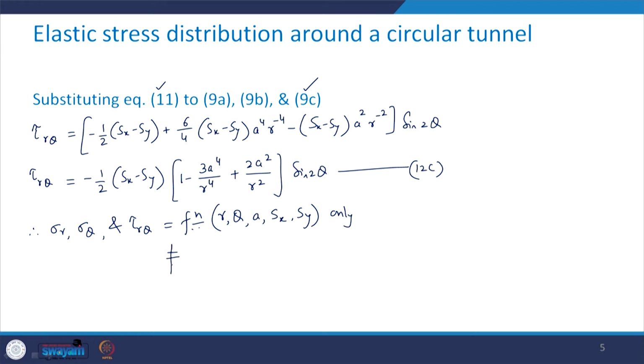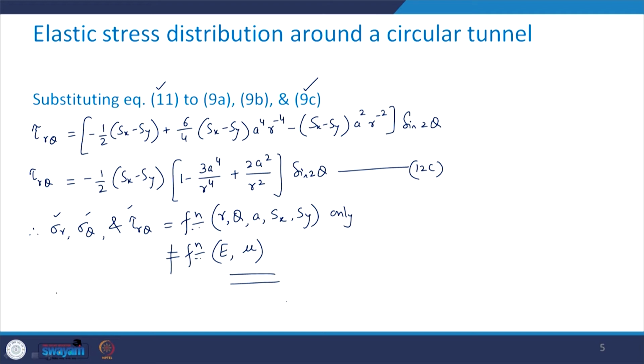These are not functions of the elastic properties of the rock. So, what does that mean? That elastic properties of the rock are not going to influence these stresses? Physically, this statement does not make any sense.